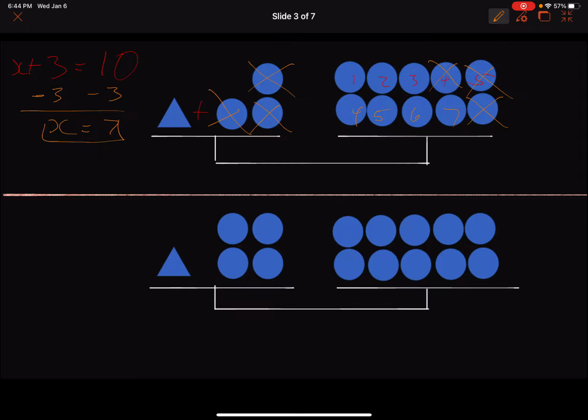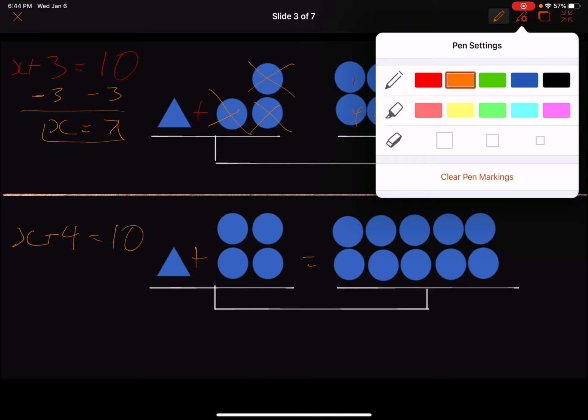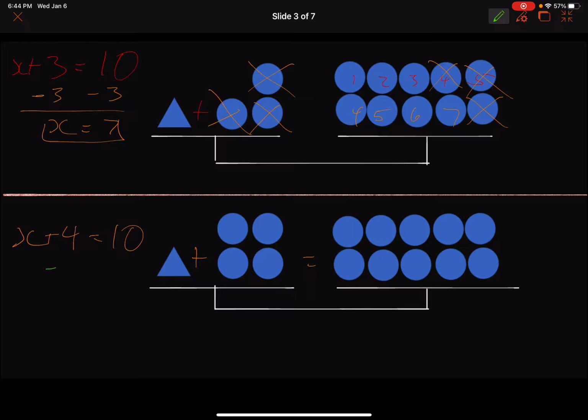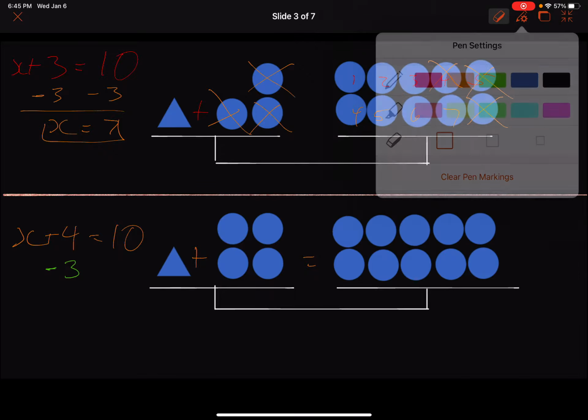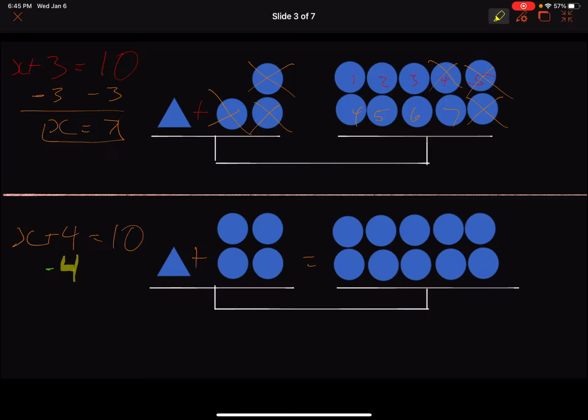Okay, and on the bottom here, I have x plus 4, and that's going to be equal to 10 there again. Okay, working backwards, I'm going to minus the 4, and I'm going to minus the 4, and so now these cancel each other out. 4 minus 4 is 0, right?